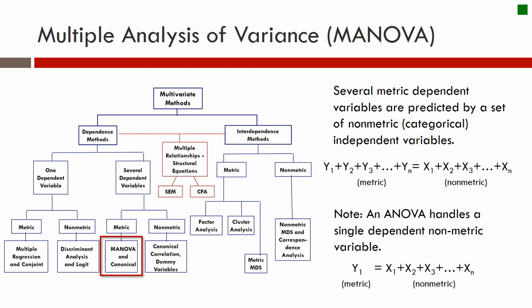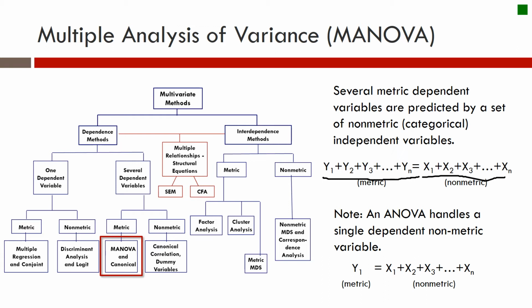MANOVAs are, again, when we have a relationship between dependencies. So we have y's and x's here, like we would in regression. The difference, however, is we may have lots of dependent variables instead of just one. Several metric dependent variables are predicted by a set of non-metric indicators.